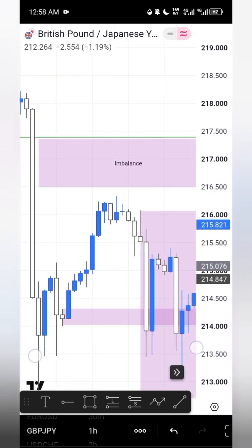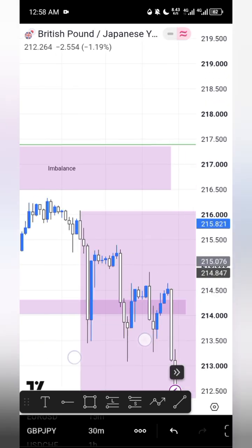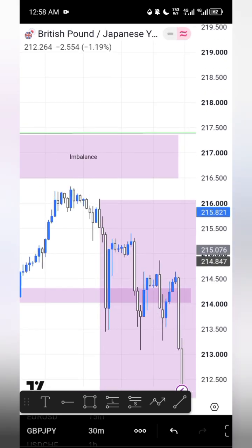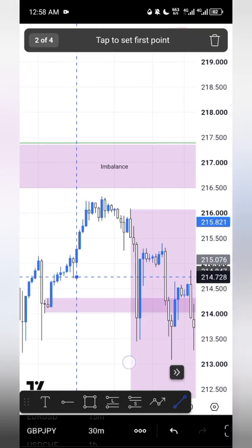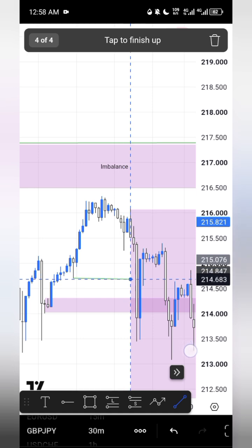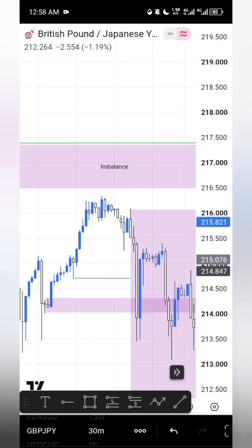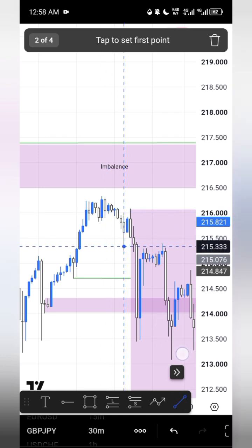After marking that out, I went on to the 30 minutes, and in the 30 minutes I found something interesting. I marked out inducement levels. This was the first level I marked out as an inducement level. I marked out a second place also as an inducement level.